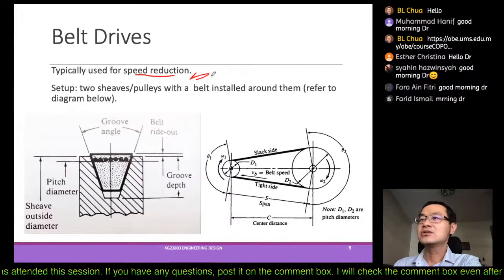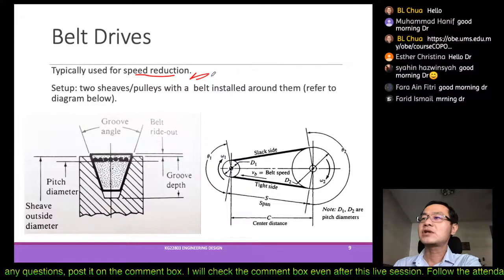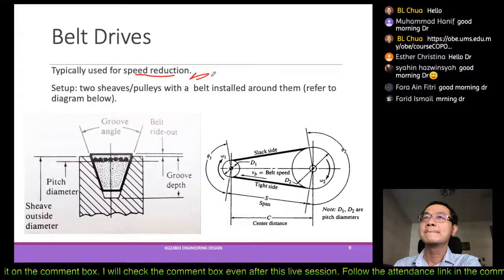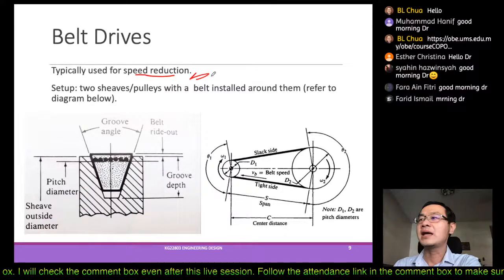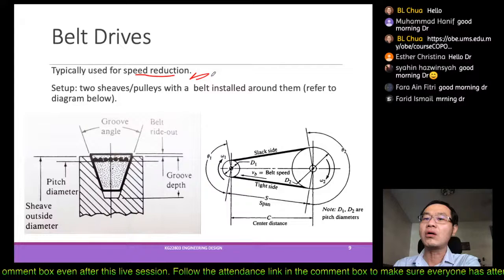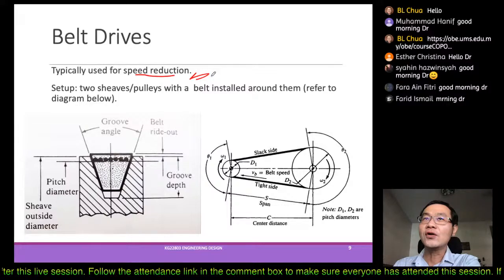So the drive is to reduce the speed from very high to very low. At the same time, it increases the torque, or the force that it can push.